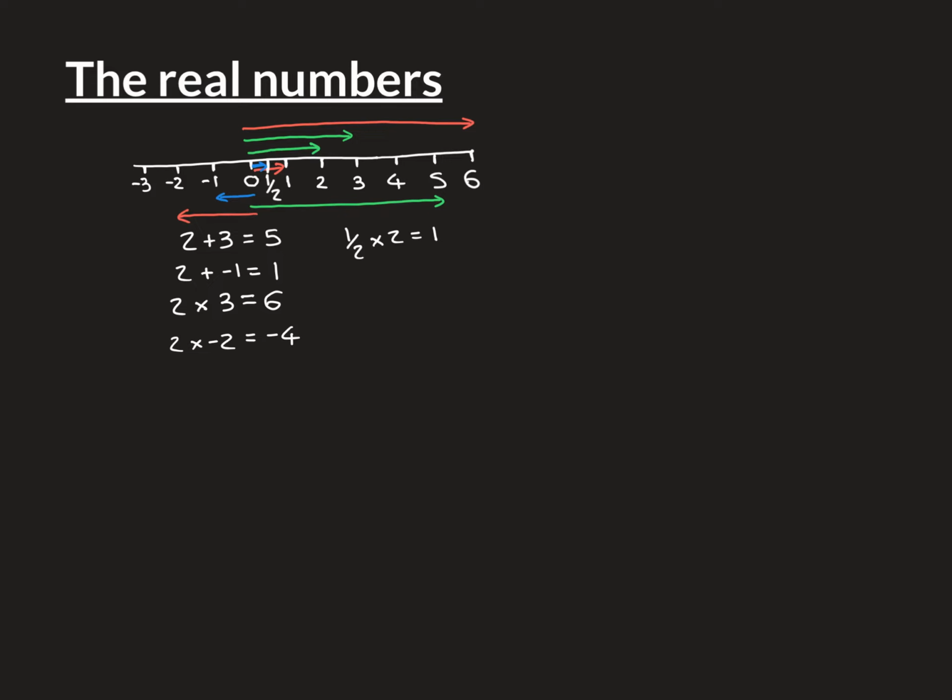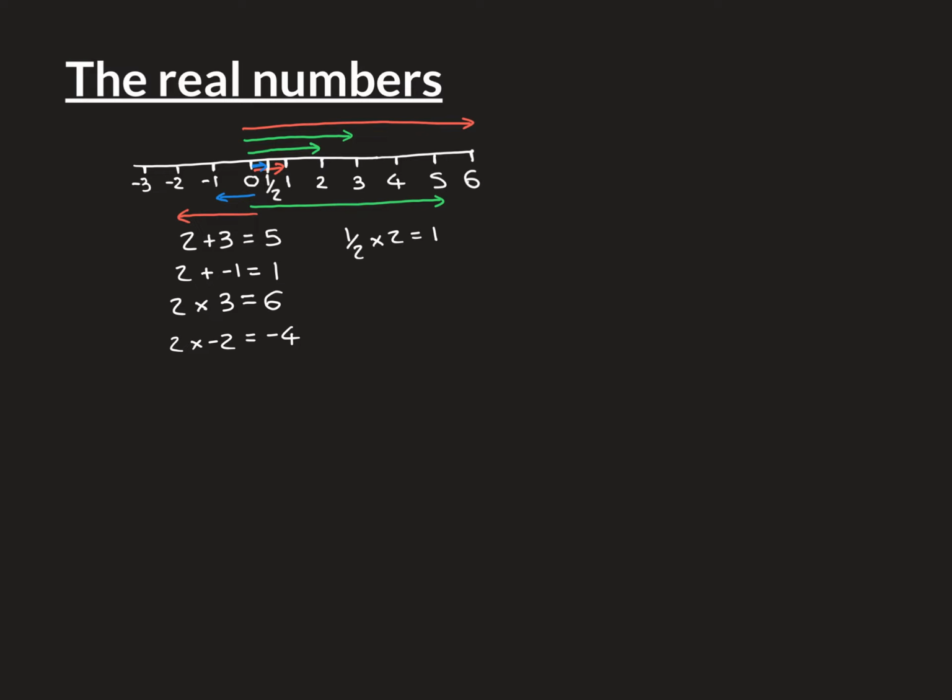Now, with this geometric meaning of multiplication, it's incredibly obvious where all the other rational numbers have to go on our one-dimensional line in order for the geometrical meaning of addition and multiplication to hold up. So for instance, if you consider a half, where's a half going to go? Well, we know that a half times 2 has to equal 1.